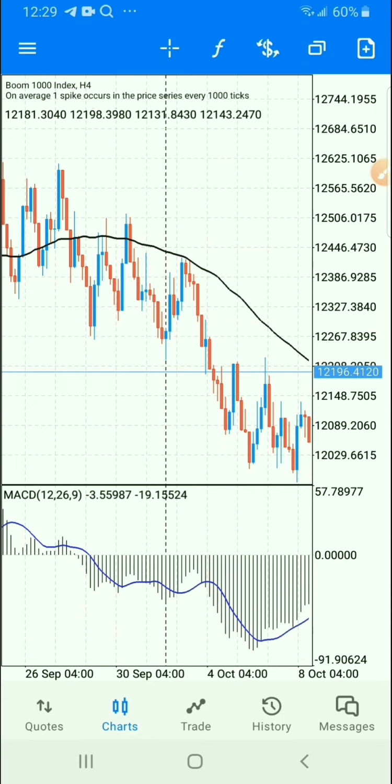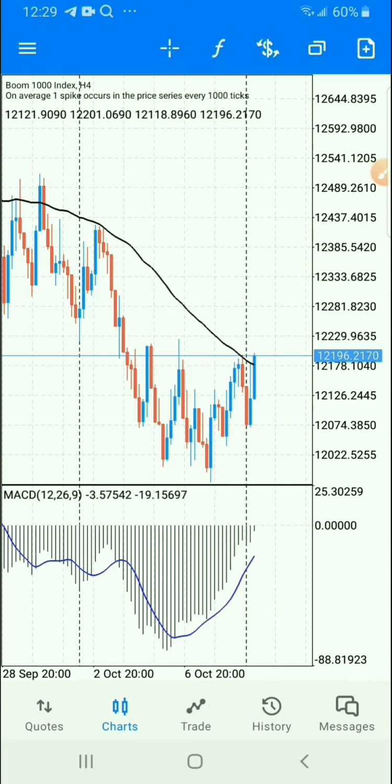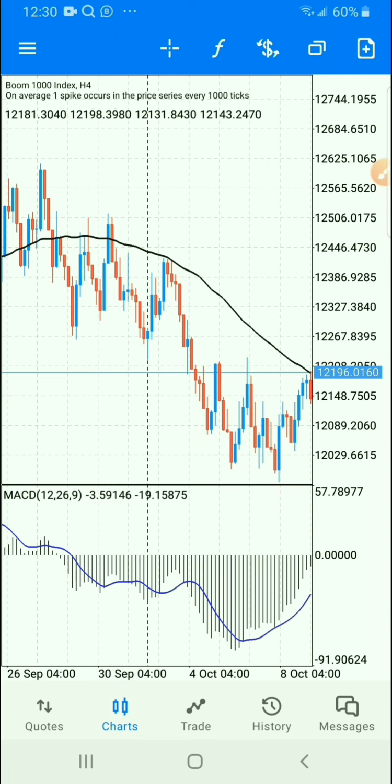Something I'm gonna tell you guys: if your equity is somehow good, like $100 and above, you can trade this strategy both ways. You can buy and sell on boom, you can buy and sell on crash, anytime you get a signal. As you know, for boom, once you buy, you're targeting spikes, and sometimes the spike cannot come instantly.